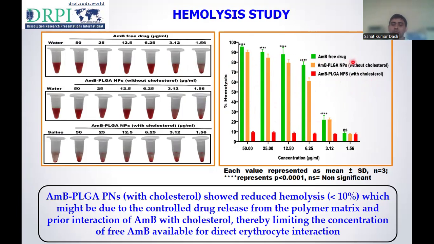The reduced hemolysis with the cholesterol enriched amphotericin B nanoformulation could be due to the controlled drug release from the polymer matrix and prior interaction of the amphotericin B with the added cholesterol in the formulation, which has limited the availability of free amphotericin B for direct interaction with the erythrocyte.